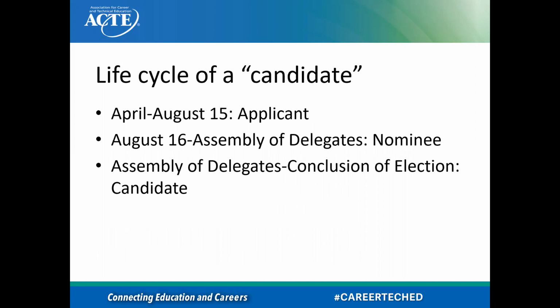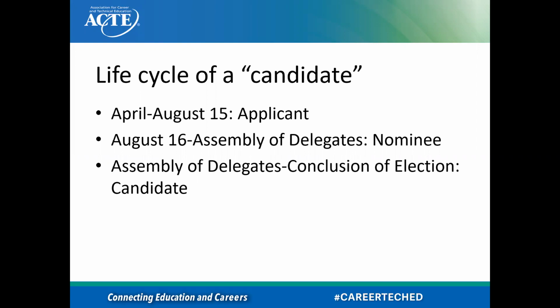Between April and August, anyone who applies is considered an applicant. On August 15th is when all the slates are due from the region, division, and national nominating committees. And at that point, you become a nominee once you are officially approved by that nominating committee.